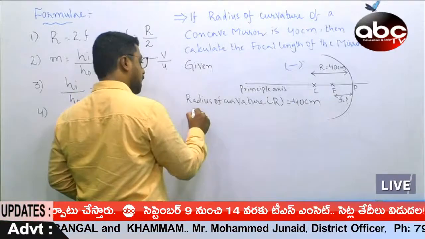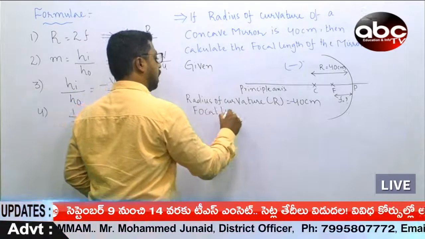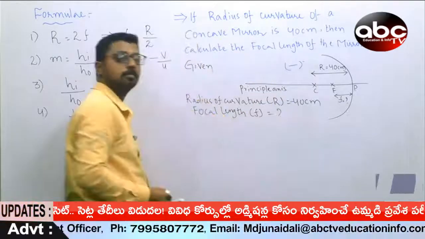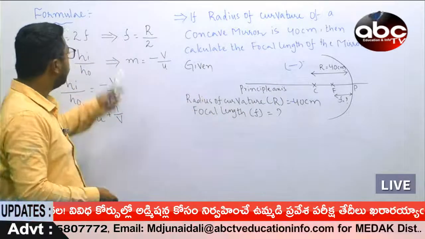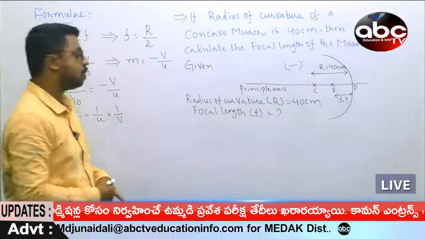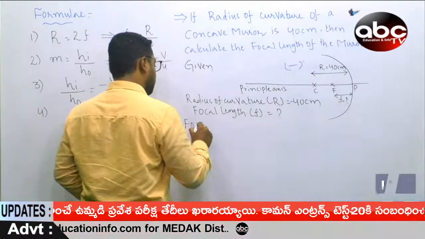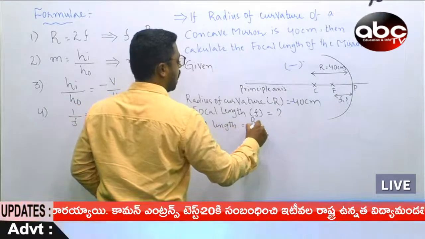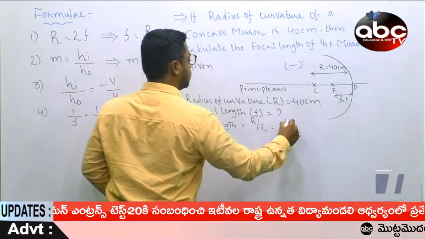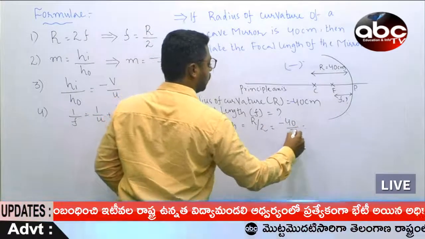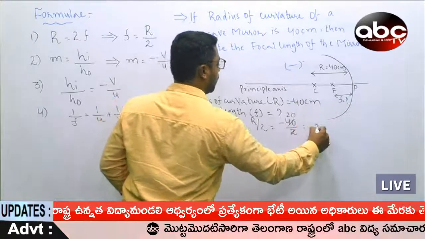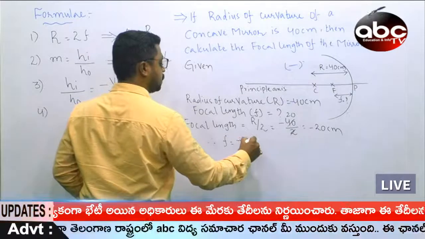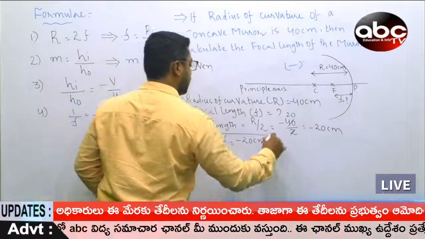Whereas what he is asking to find is the focal length, that is F. We know the formula: focal length is equal to R by 2, that is minus 40 by 2, that is equal to minus 20 centimeter. Therefore F is equal to minus 20 centimeter.